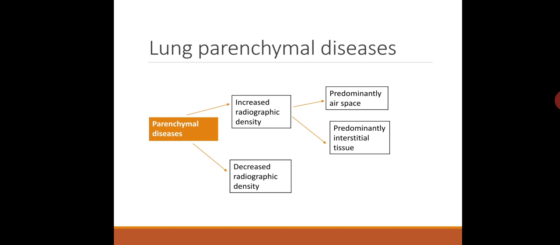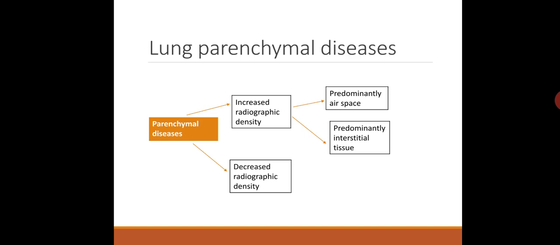So we all know what the term airspace implies. The airspace means the alveoli and other spaces. We all know the tracheal tree, the subdivisions, the respiratory bronchiole, the terminal bronchiole, which is further divided into the alveoli, the structural and functional units of the lung.